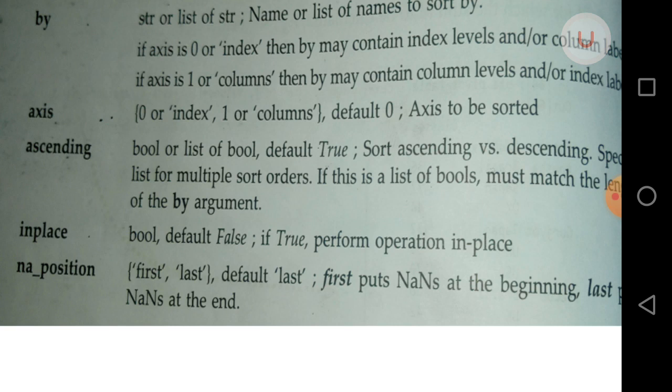For na_position, the default is last. If you don't pass any value regarding na_position, the default is used. If we put first, it puts NaN at the beginning, and last puts NaN at the end. So there are two values for na_position, first and last.